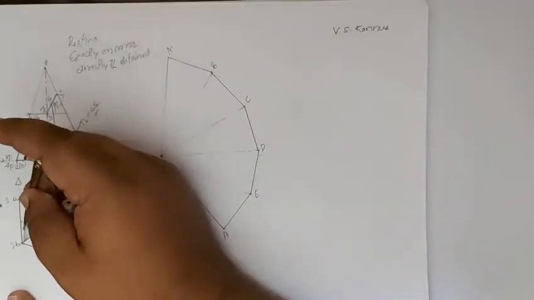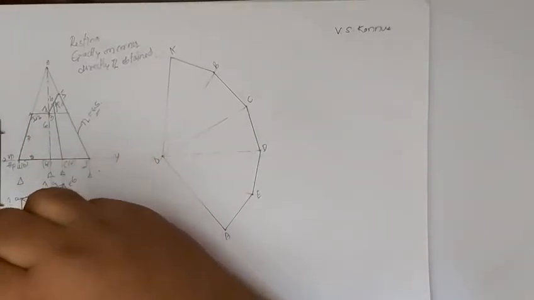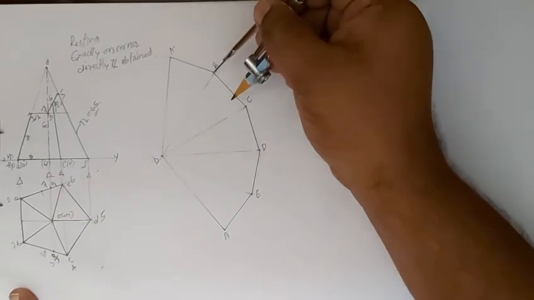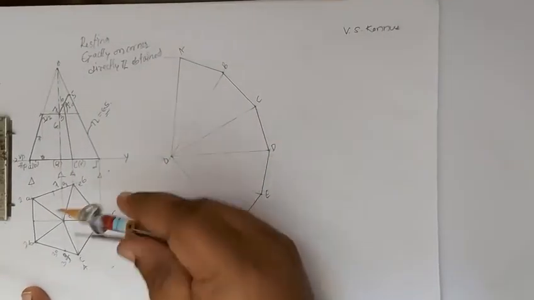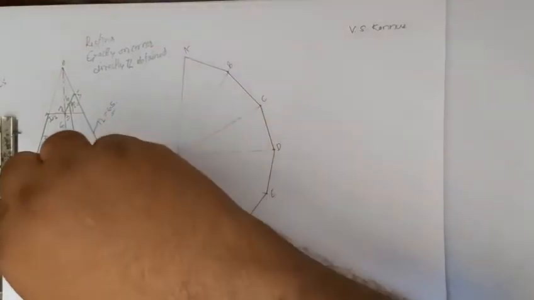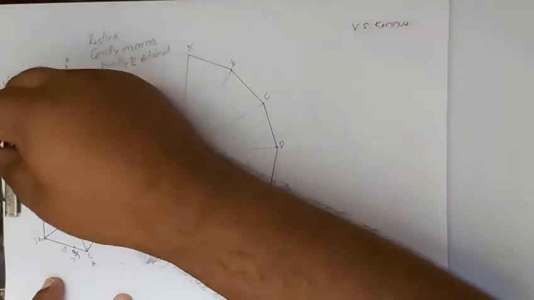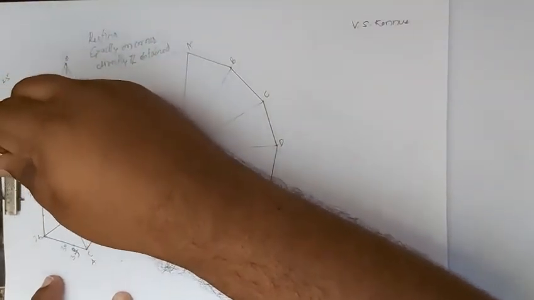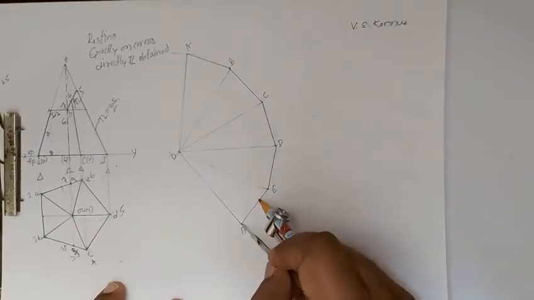From B I will take the F distance, and also from E, or you can take from A. From A I have taken here.